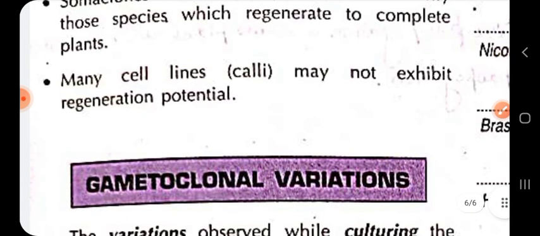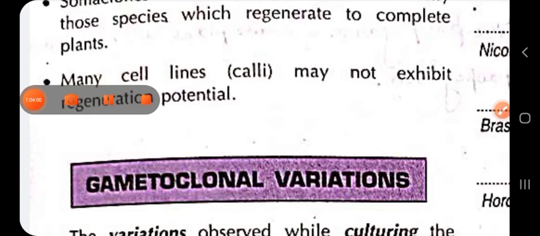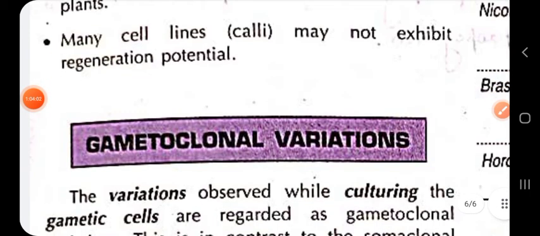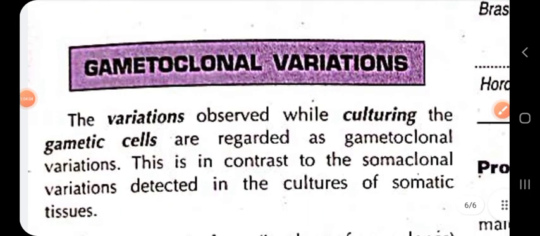So this was about somaclonal variation. Now one extra term, gametoclonal variation. Well, it is almost 1 hour. So what is gametoclonal variation? The variation observed while culturing gamete cells. If you culture the gamete cells, the pollens, the ovaries, the variation you get from those gamete cells during culturing can be regarded as gametoclonal variation.